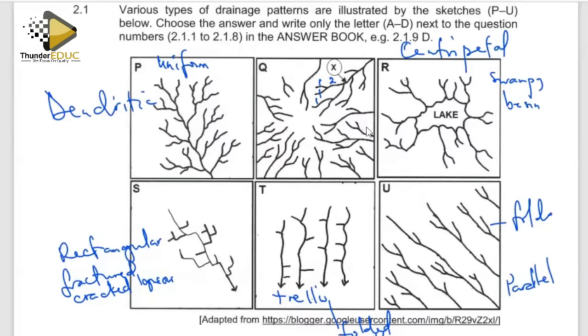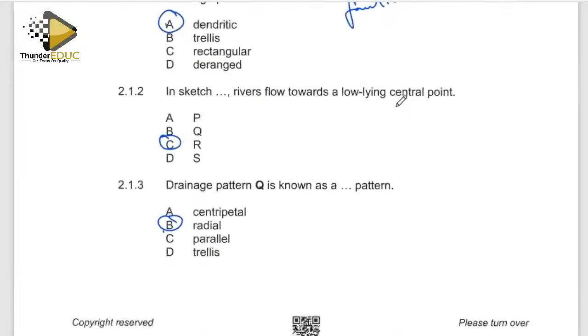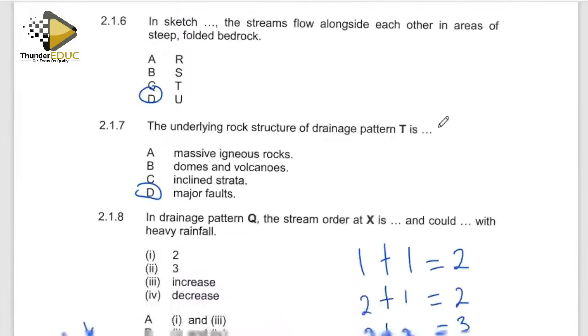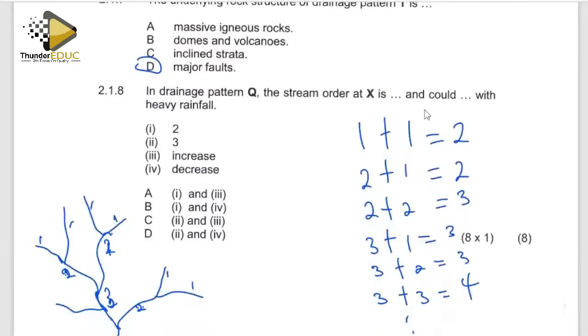This is number 1, and this is number 1, and they'll give us number 2 here. So after this confluence, it's stream number 2 plus stream number 2, which means we are now having 3 here. So the order is a third order stream and could increase if there is increased rainfall like what we have illustrated here.